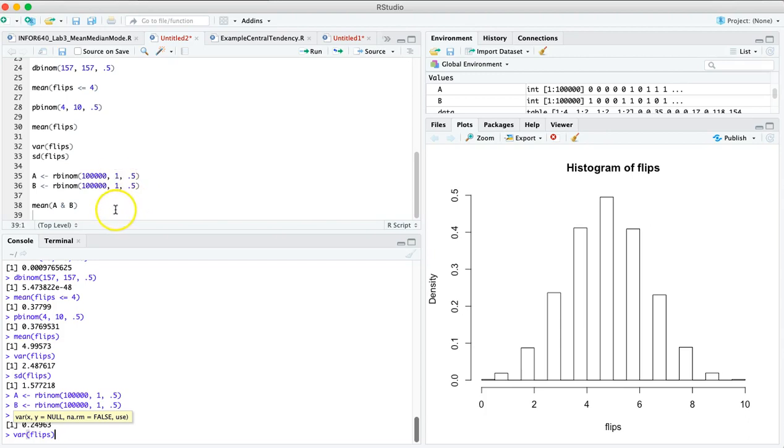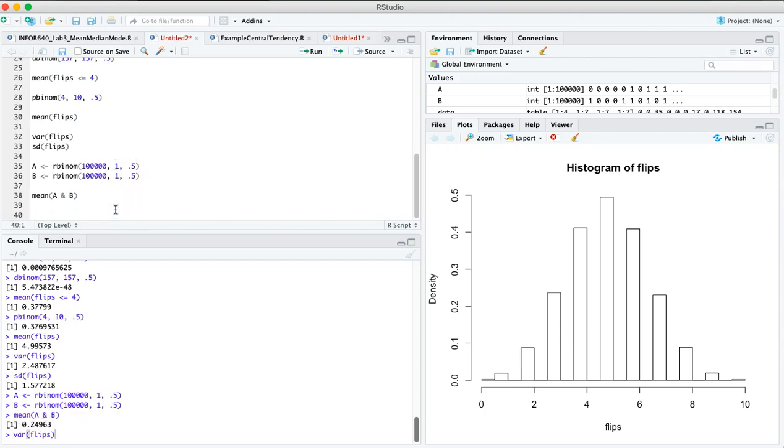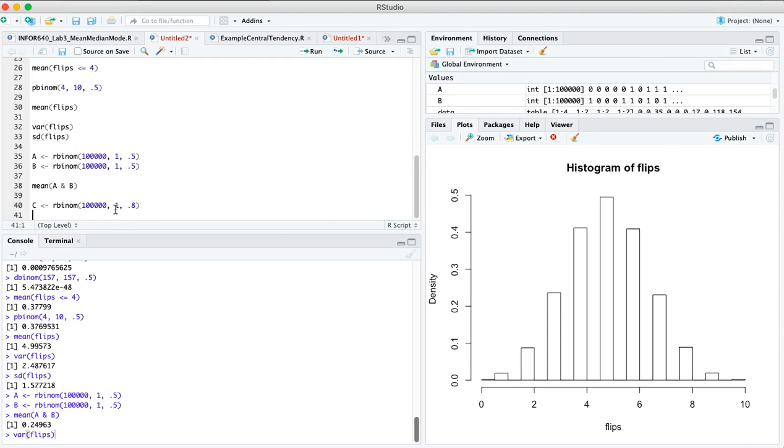Okay, so let's look now at unfair variables instead. So let's set C, and we will assign C to our binom, and we'll do 100,000 coins, each flipped one time, but this time they're unfair. They're unfairly weighted in favor of heads. And for D, we will do the same.